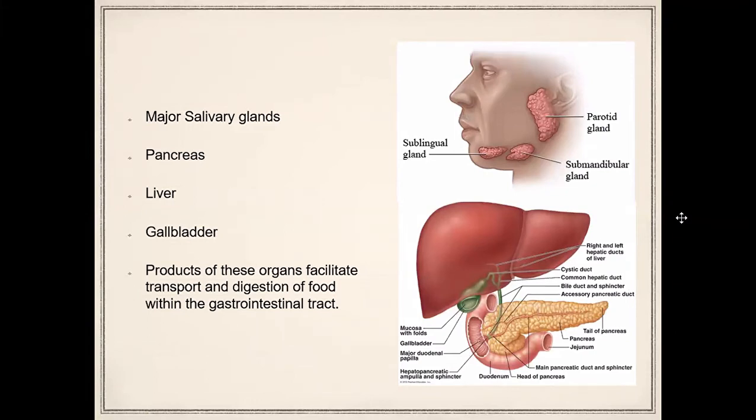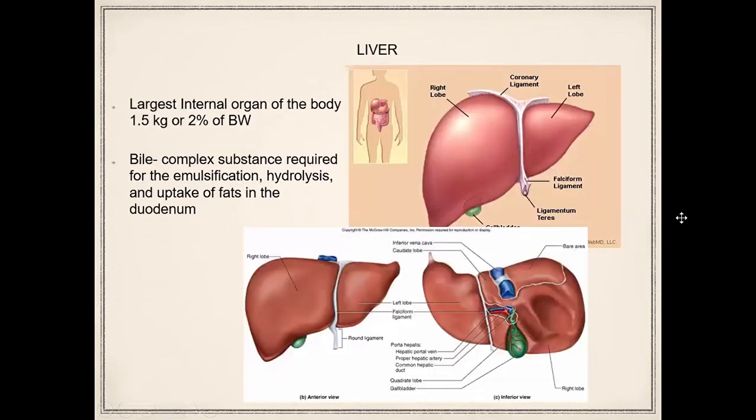You have taken this in your anatomy, and of course, you know all this part. This is the pancreas, this is the duodenum, and then your liver, right lobe, and the gallbladder underneath your liver. The liver is the largest internal organ of the body, 1.5 kilograms or 2% of body weight.